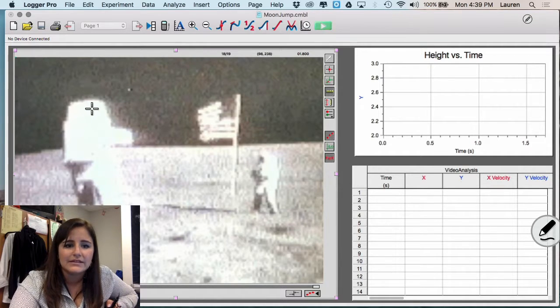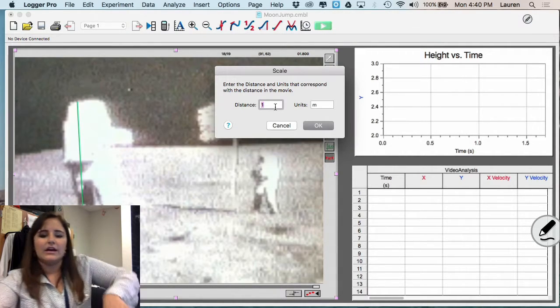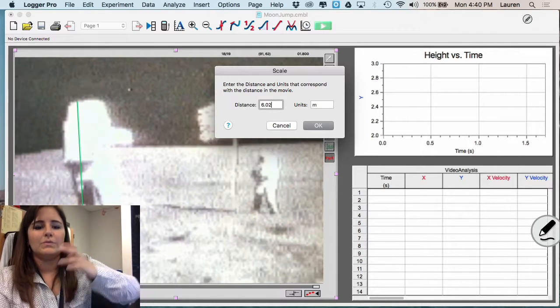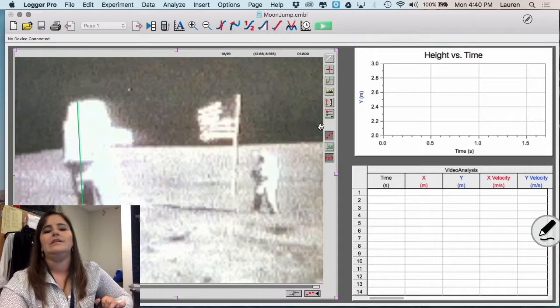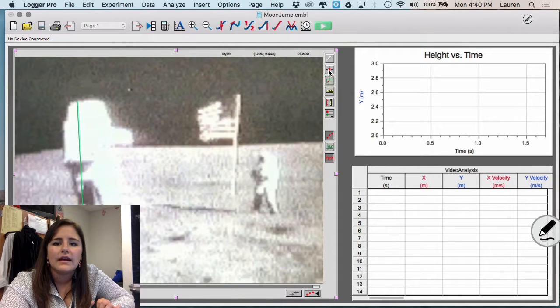First, I'm going to set the scale. I was given that this astronaut has a height of 6.02 meters with his spacesuit on and everything, so we're going to use that as our base. Then I'm going to do the analysis.